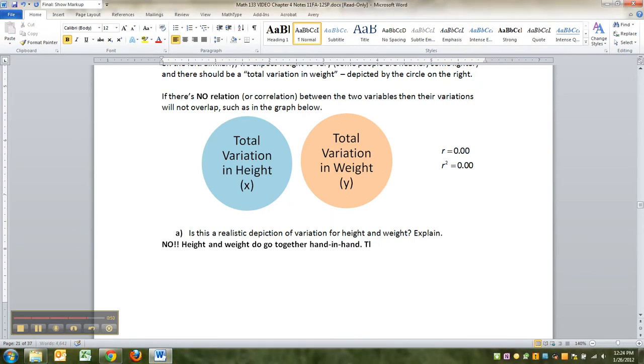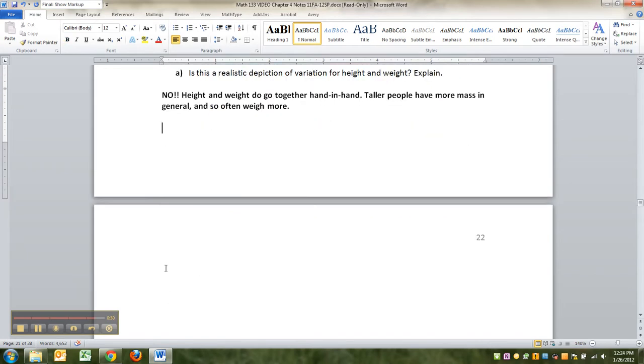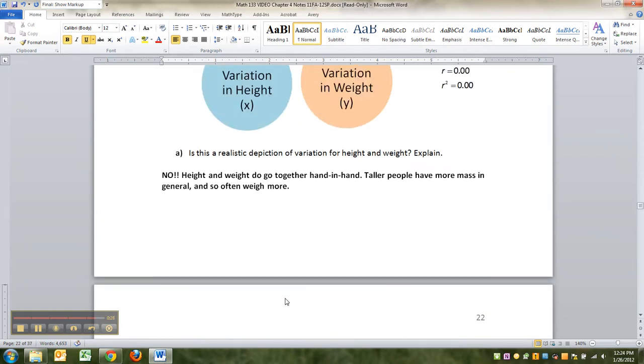Taller people have more mass in general, and so often way more. Even if you're skinny, you could have a skinny person who's 5 feet and a skinny person who's 7 feet. The skinny person who's 7 feet tall is going to weigh a lot more, right? It's just because they have more bones, literally.